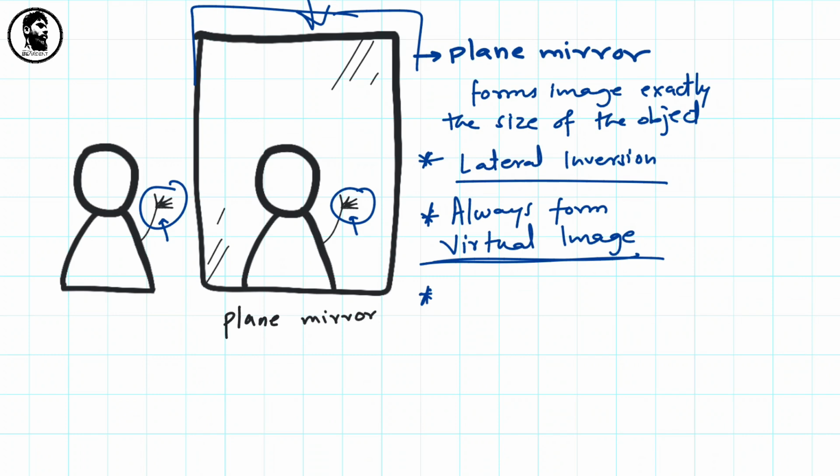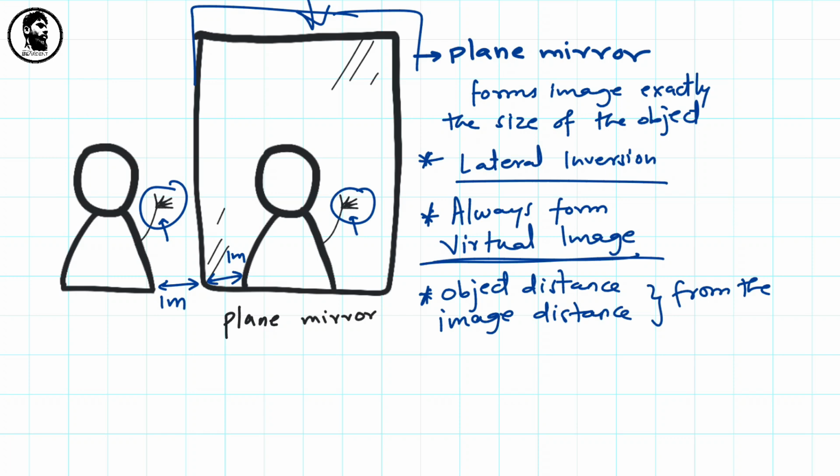And lastly, consider your distance from the mirror is 1 meter. Similarly, the image distance from the mirror will also be 1 meter. So the object distance and image distance from the plane mirror are equal. These characteristics you must know.